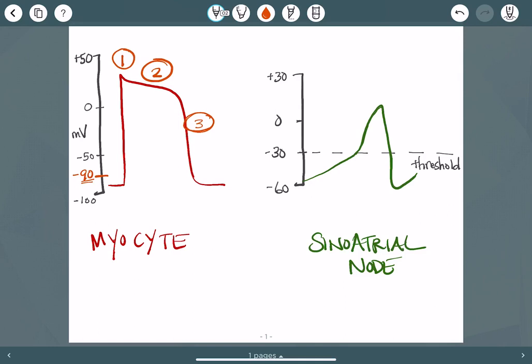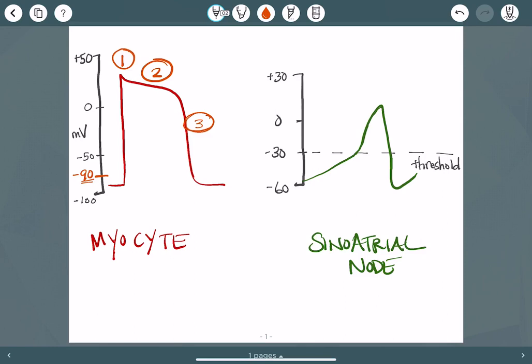So this is what an action potential looks like in a myocyte. And the plateau is a really important element because it helps protect that cell from having another action potential too quickly. That plateau guarantees that our heart does not go into a tetanus situation.